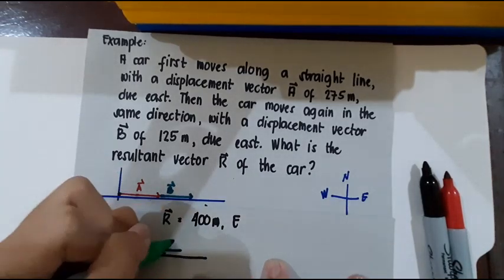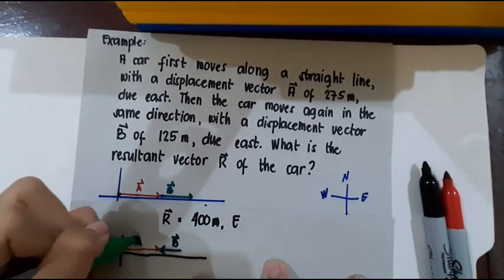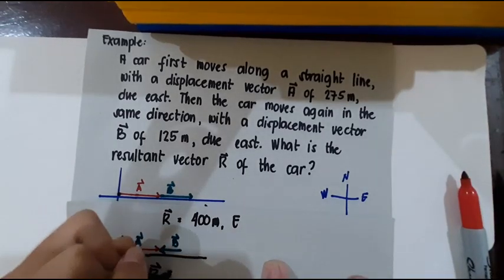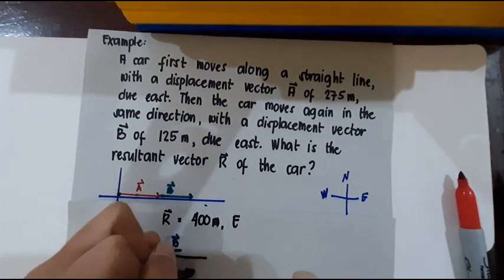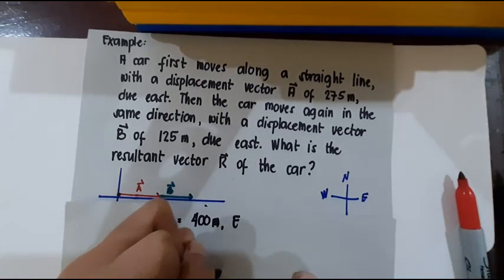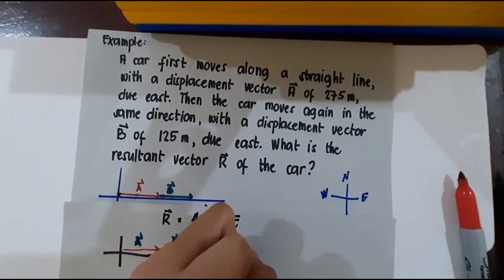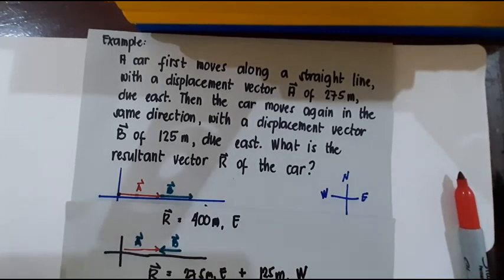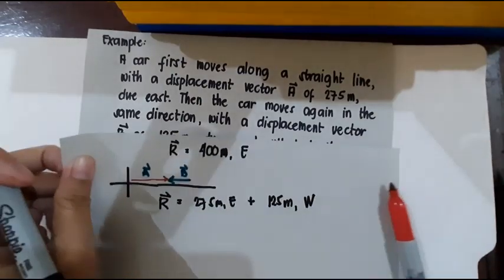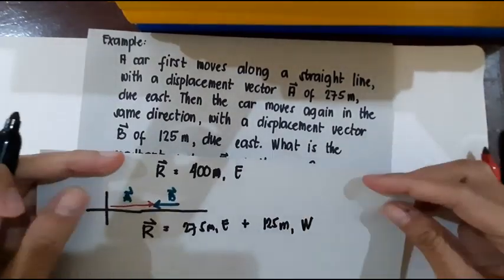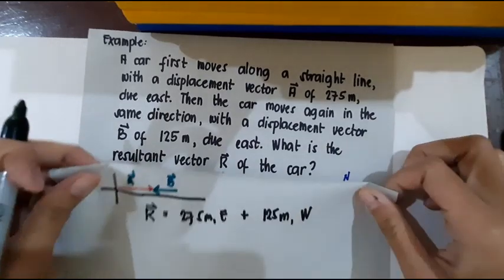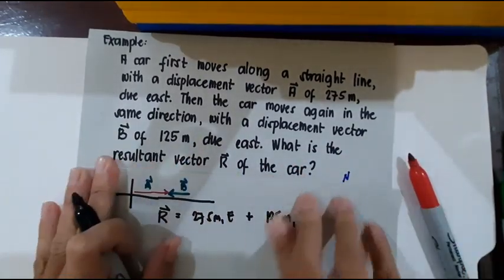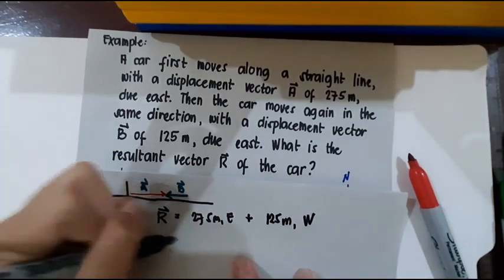In solving your R, this will become 275 meters going to the east plus 125 meters going to the west. Since it is the opposite direction, 125 becomes negative, or its sign becomes minus.